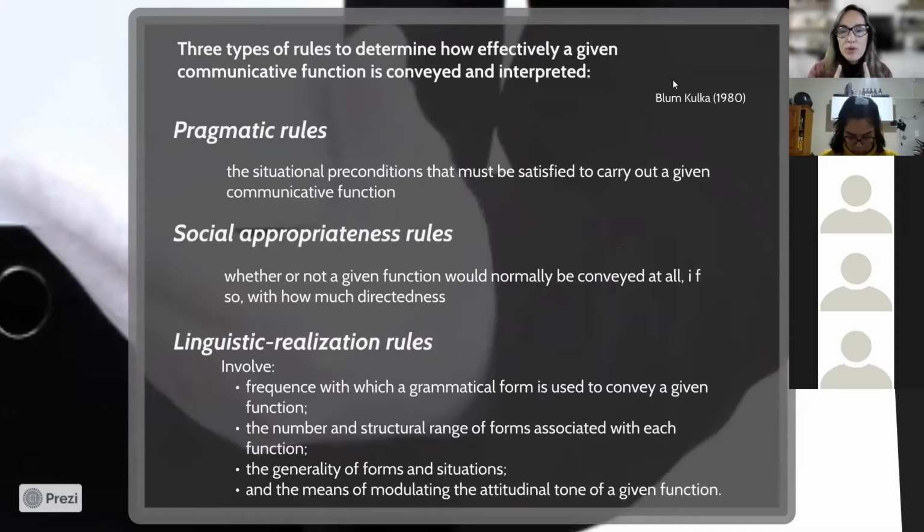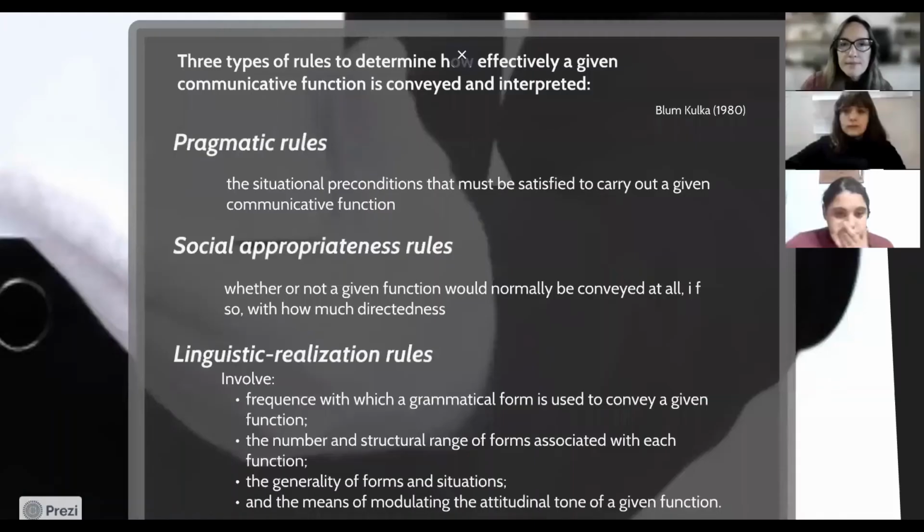Not only our choice of the language that we need to use, but also how the other person interprets that, right? Okay, so let's start reading about these rules. And now you are going to work with these rules.